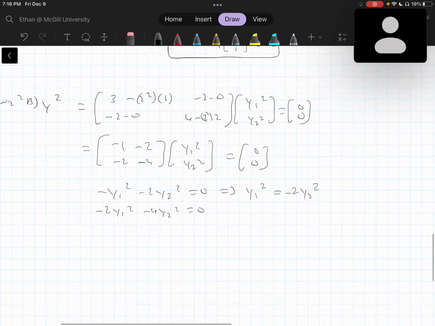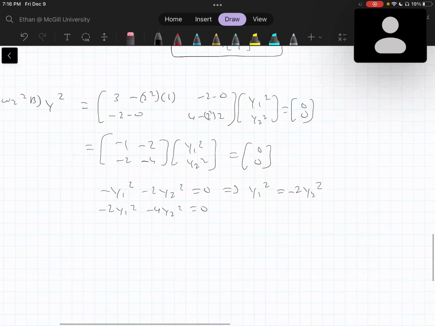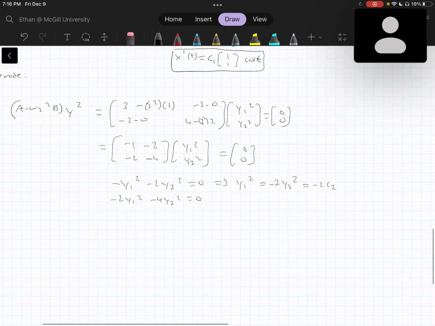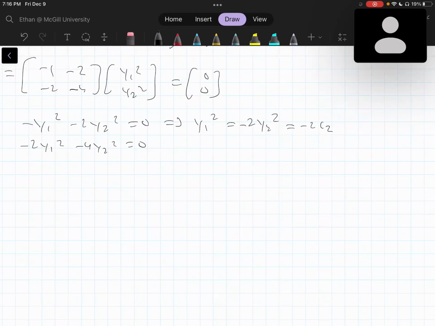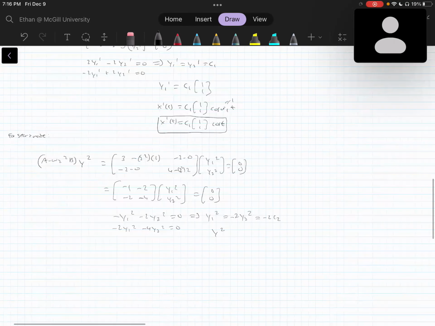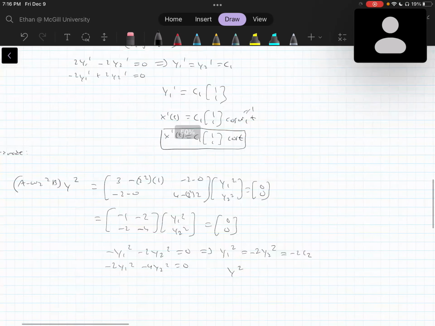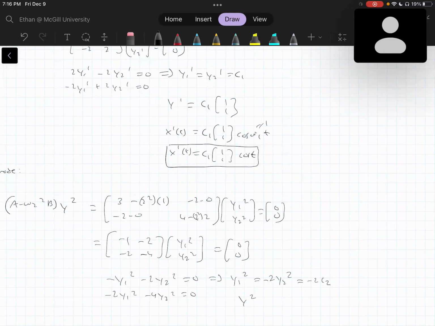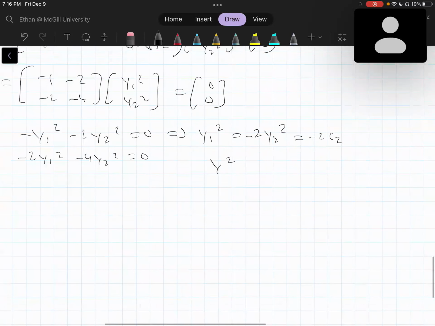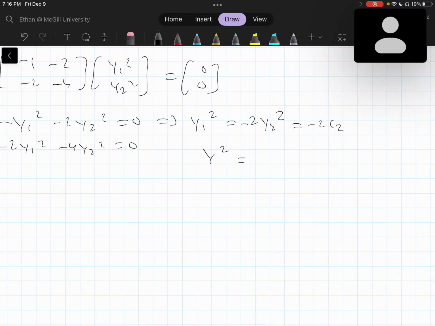We'll say y2 is equal to C2, so that y1 is equal to negative 2 C2. This allows us to write our y. Sorry, this should just say y. So y to the power 2 in this case is equal to C2 (negative 2, 1).